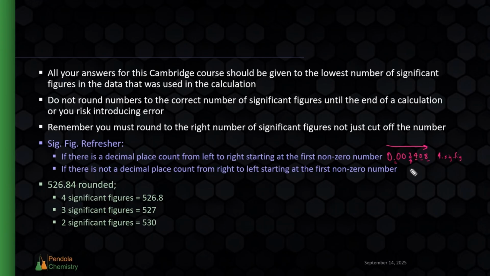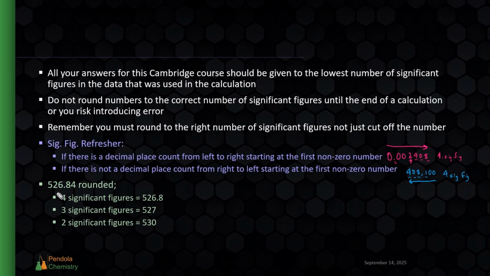So if the number, for example, is 408,100, we're going to go from right to left, starting at the first non-zero number, which is 1, and then count all of the digits. 1, 2, 3, 4. So this number also has 4 significant figures. We start counting at the first non-zero number regardless. If there is a decimal place, we go from left to right. If there is not a decimal place, we go from right to left.